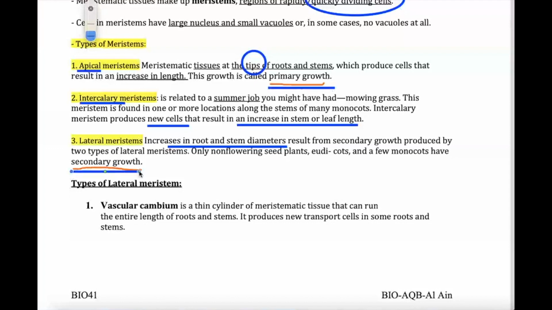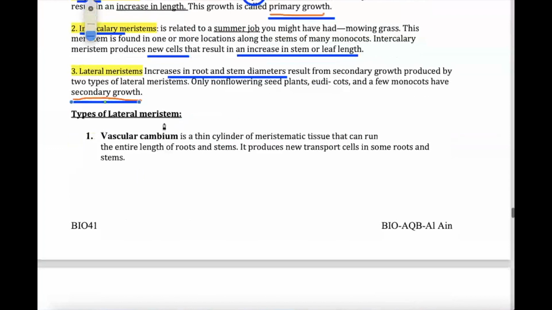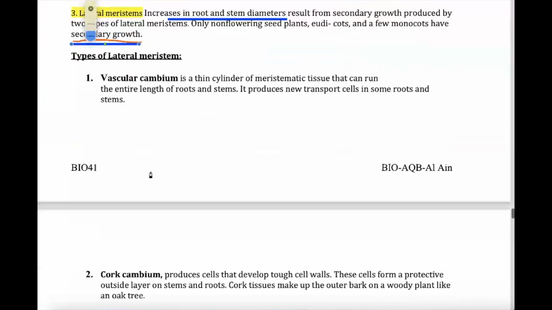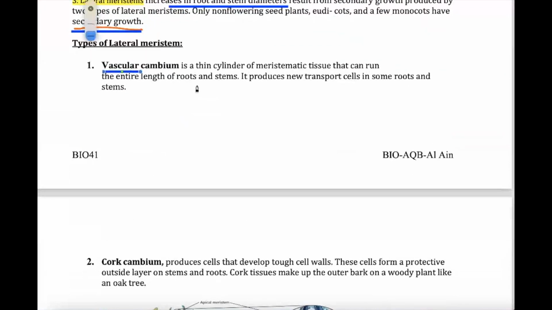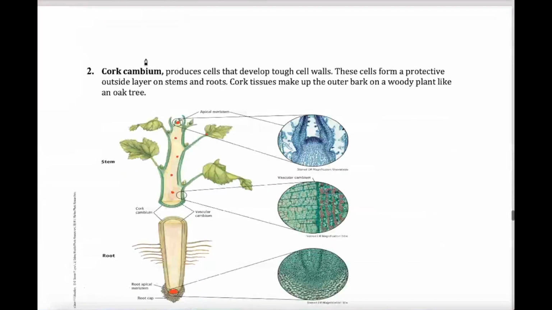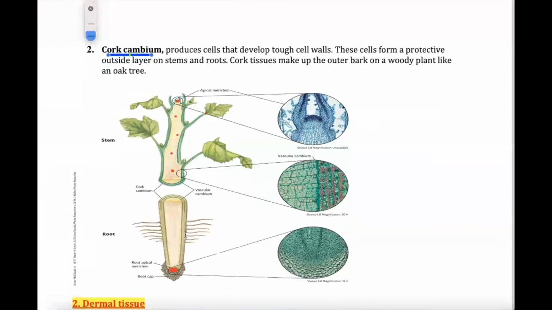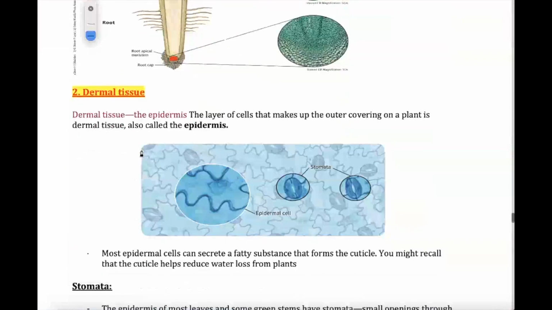This is another difference. Types of lateral meristem, we don't need to go into detail, but we have vascular cambium, which is for transport, and cork cambium, which is on the outer side, like the outer protective covering of the plants.